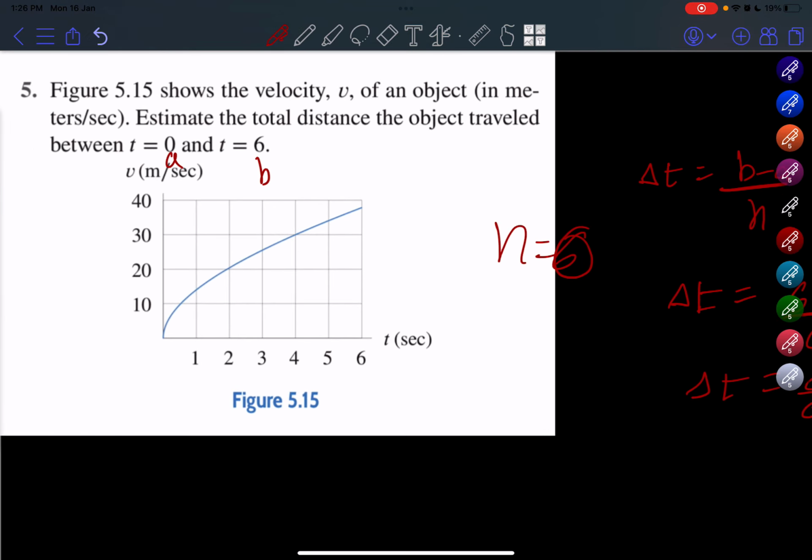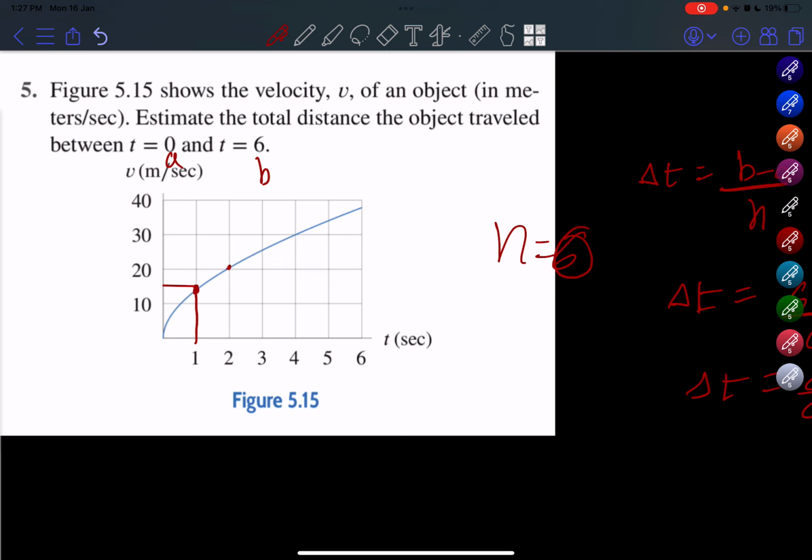In this case, they didn't tell us whether they want it as left sum or right sum, so we can decide, or we can do both. So let's use right sum. I like to start with right sum. So let's go to 1 here and go to the curve, and let's draw the rectangle.